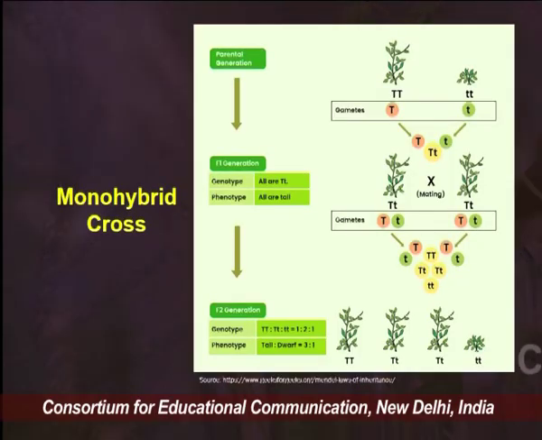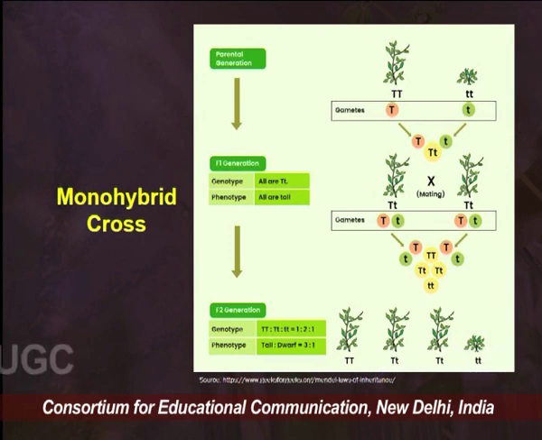So, this is how we can see the monohybrid cross, where capital T and small t are crossed together. The genotype we received in the first filial generation was capital T and small t.